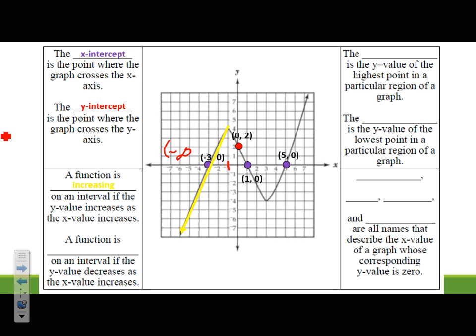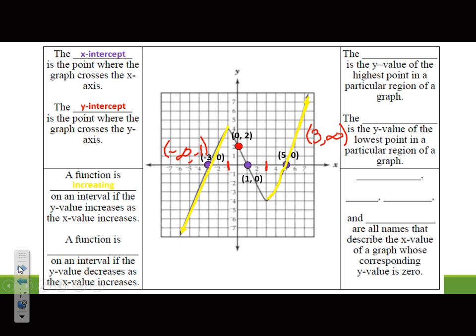So our x value is -1. It's also increasing here. So it's increasing from, our x value is 3, and it goes on forever to infinity.